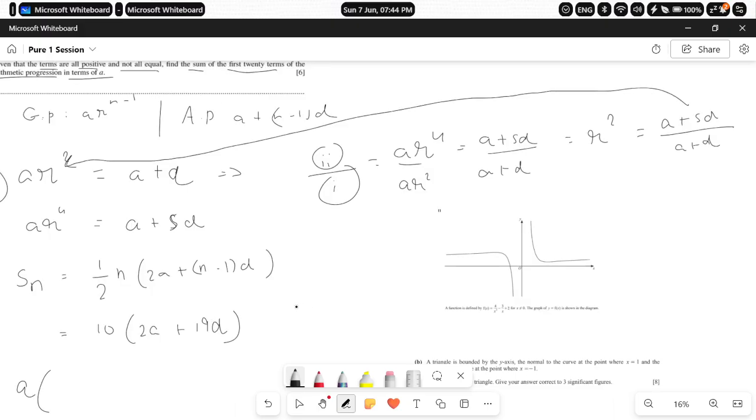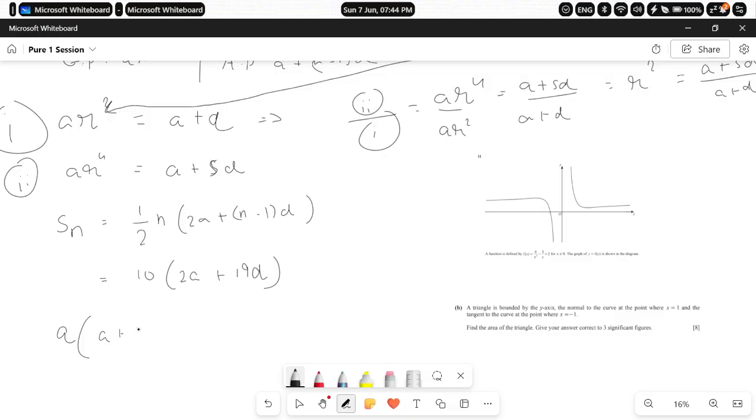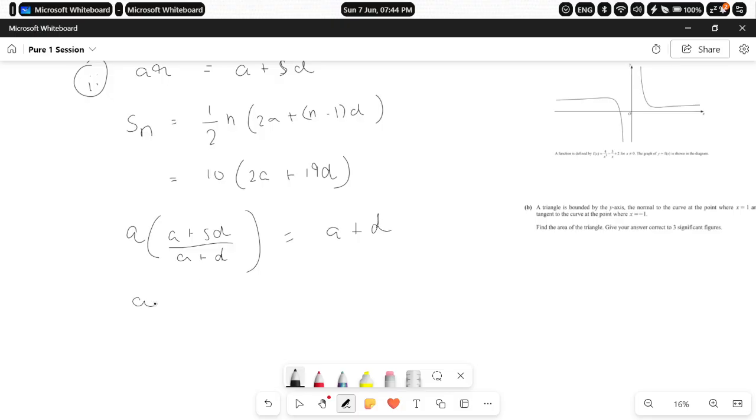So r squared we got as a plus 5d over a plus d. So we get a squared plus 5dA, and then it's just a plus d the whole squared, so a squared plus d squared plus 2dA.